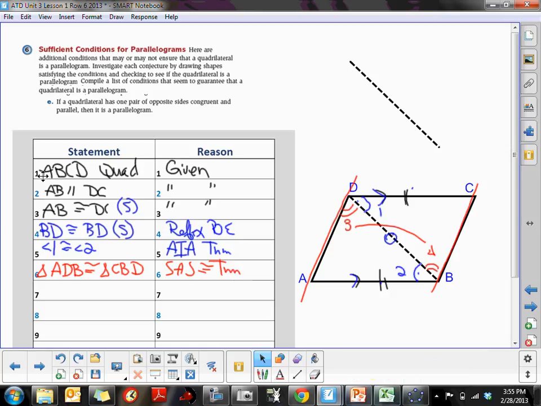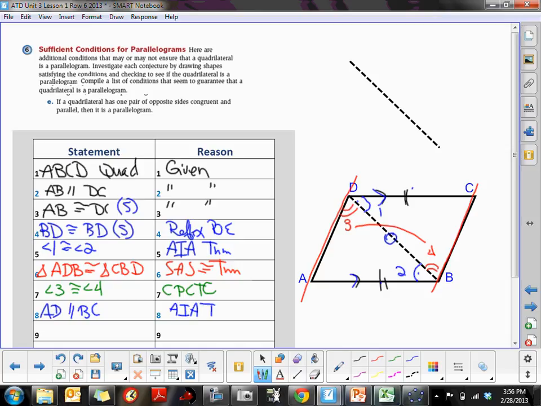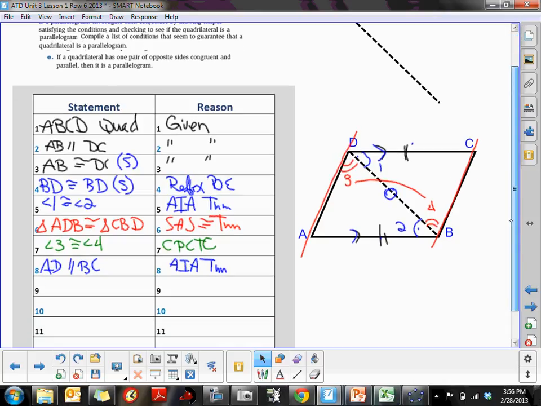And because the triangles are congruent, it forces some corresponding parts to be congruent, and that was angle 3 is congruent to angle 4, and that is by CPCTC. And because those angles were congruent, it forced line AD to be parallel to line BC, and that was by our alternate interior angle theorem as well. The alternate interior angle theorem has been very versatile and very helpful in our proofs because it says if we know the lines are parallel, as in the first case, then angles 1 and 2 had to be congruent.